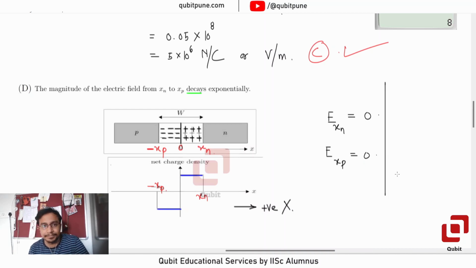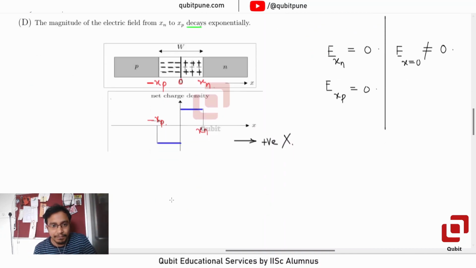And what is happening to the electric field at 0? Well, at the PN junction, that is not equal to 0. No matter what the value is, that is not equal to 0. So if we go by magnitude and direction, then look here, here the field is 0 at xn, at xp also the field is 0, but here the field is not 0 at the center.